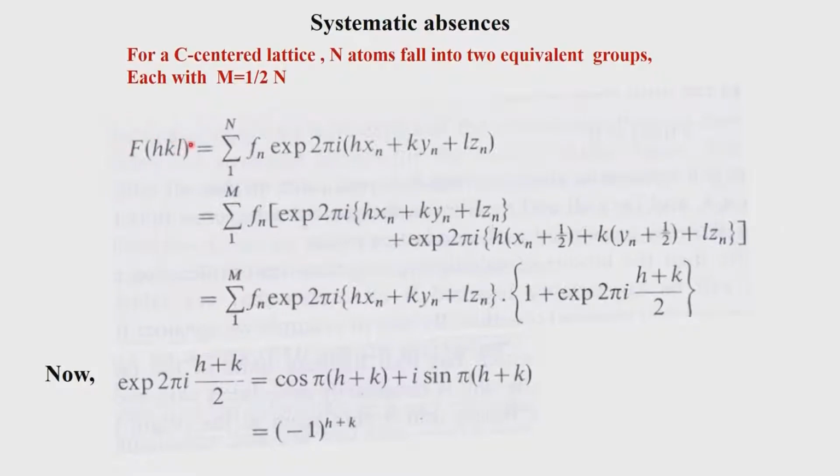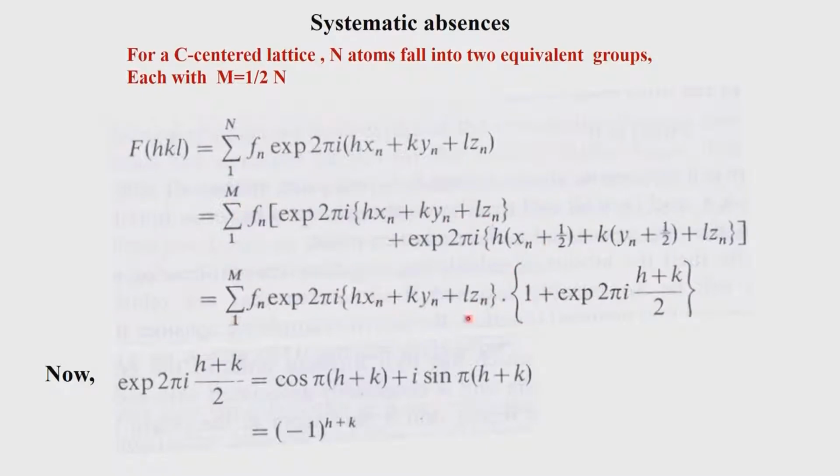What will happen to these F of HKLs is what we see in the next part. I can rewrite this expression as sum 1 to m of f n exponential 2 pi i (hx plus ky plus lz). So, what I do is I take the common factor out of this. Once I have this common expression f n exponential 2 pi i (hx plus ky plus lz), it will be multiplied by this, which now becomes value equals 1.